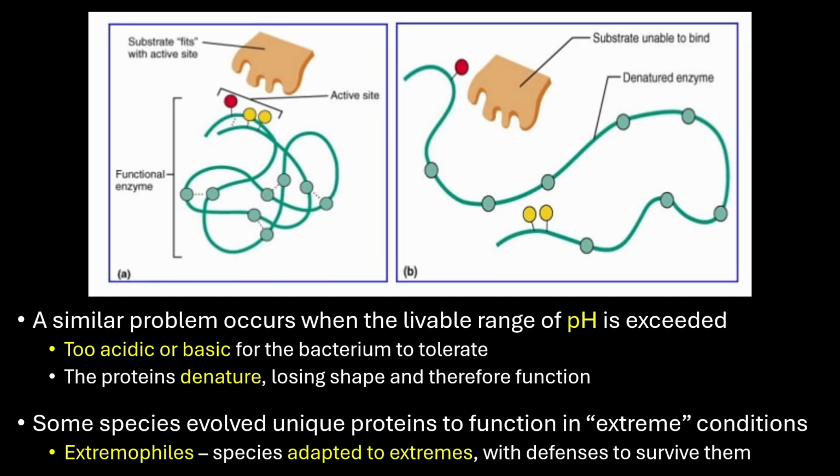And instead, if you start moving outside of those conditions, say, for example, you go towards neutrality or an alkaline pH, if these proteins are specialized for acidic conditions, then they would denature. So these organisms that thrive in these extreme conditions, these are what we call extremophiles. Species that are adapted to survive in extremes and have defenses to help them survive under those conditions.